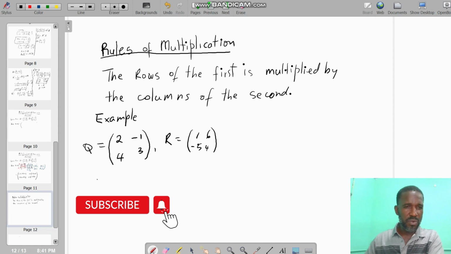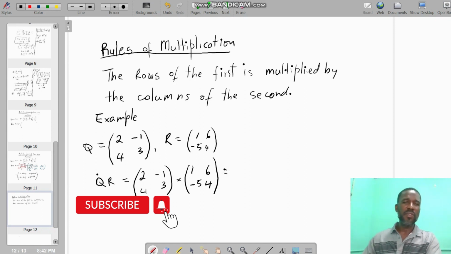We are to find QR. So it's going to be 2, -1, 4, 3 multiplied by 1, 6, -5, 4. Remember, it's the rows of the first multiplied by the columns of the second.